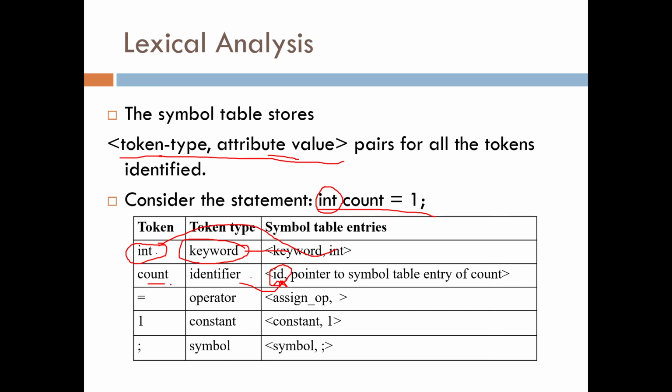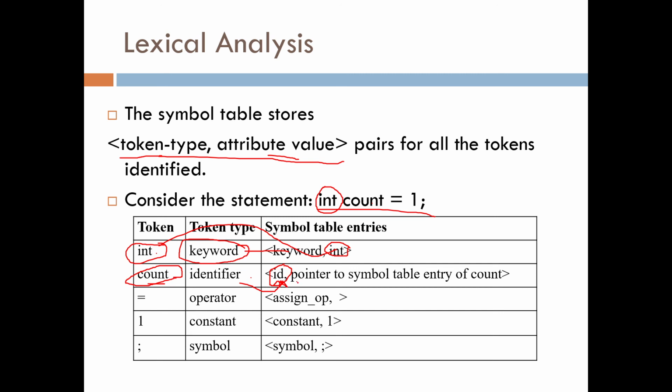And now here the symbol table entry was int because this int is already defined, but we haven't defined count yet, right? So count would be basically a variable which is allotted some place.